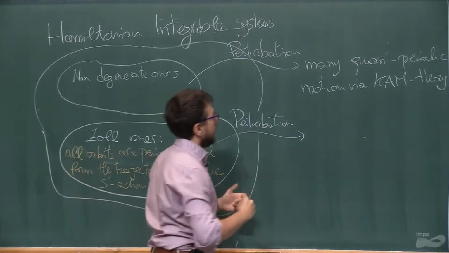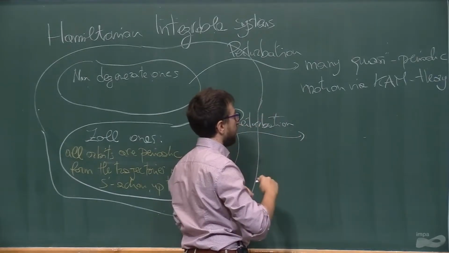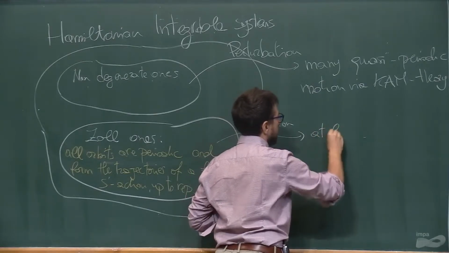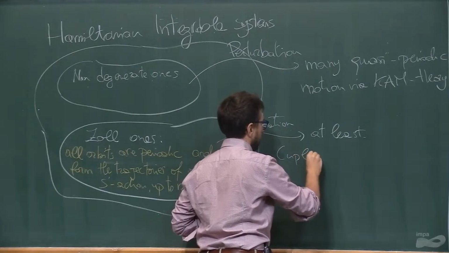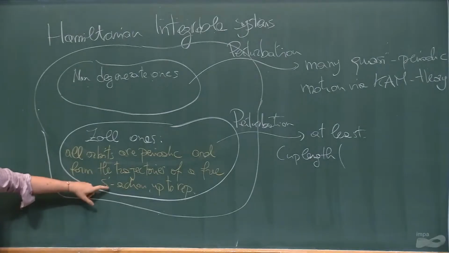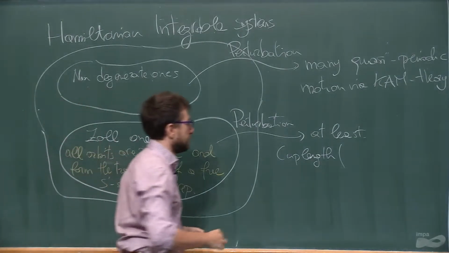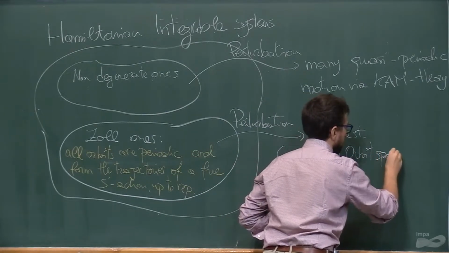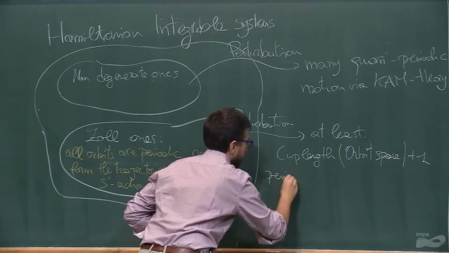The expected thing, so there are many special results, but the rough idea here is that there are at least the cup length of the orbit space. So here the orbits form an S1 action, so I can go to the quotient and look at the orbit space, plus 1 periodic orbits.